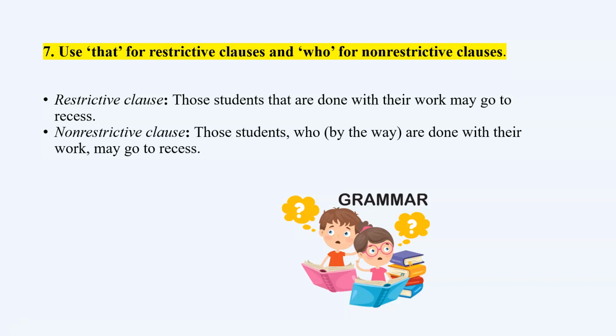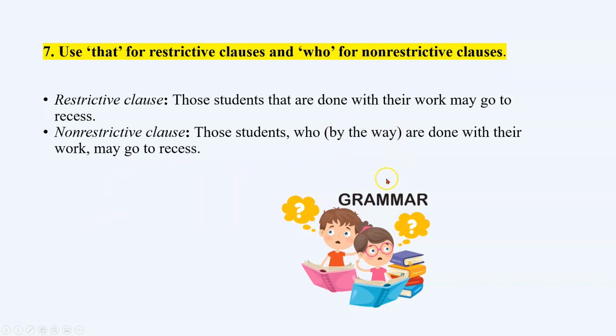Those students may go out for recess. Those students, who by the way are done with their work, may go out to recess. We don't know if there's other students. But the first one is comparing it. The first one, this is essential to the meaning of the sentence. Those students that are done with their work may go out. Those students, who by the way are done with their work, may go to recess.